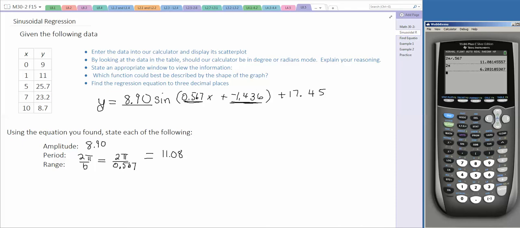And remember, B tells us the number of cycles in 2 pi. So we have more than half a cycle, but less than one full cycle. And so that's why our period is 11.08.